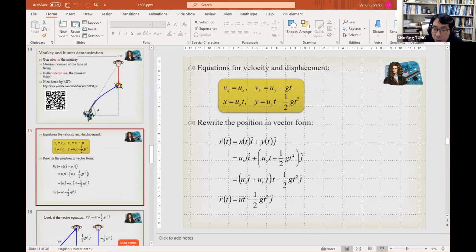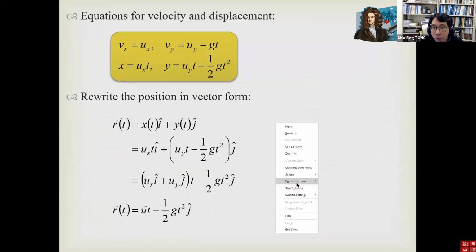Now we start from the equation for the uniform motion. We write it in terms of position vectors. The position vector has two components, the x component and the y component, with unit vectors. So we just copy the result. The x component is uxt i.